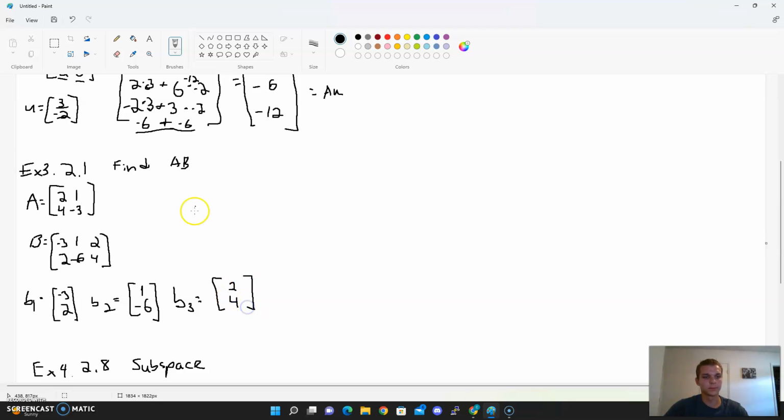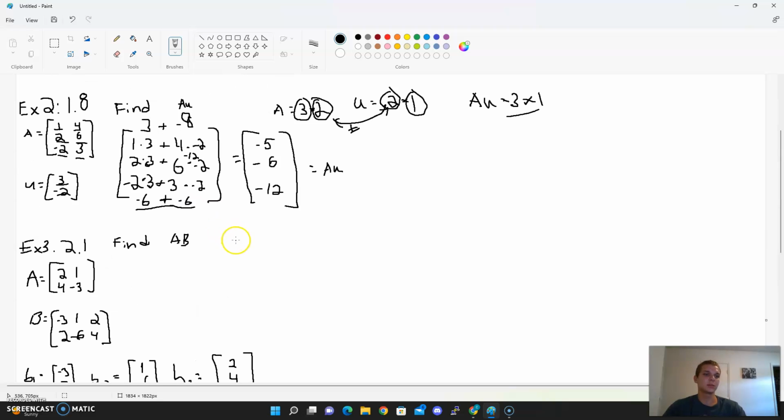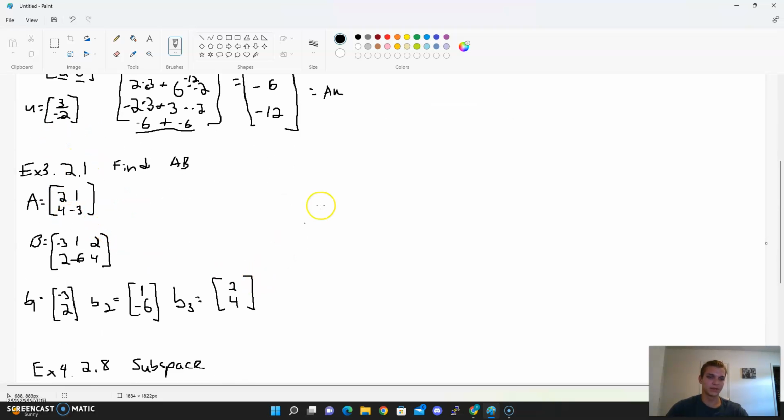So it's the same as 1.8, where we do this multiplication. We just have one less row. But then at the end, we have all of our 2x1 matrices. We should have 3 of them.